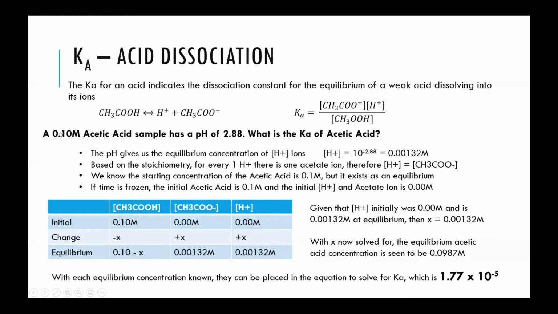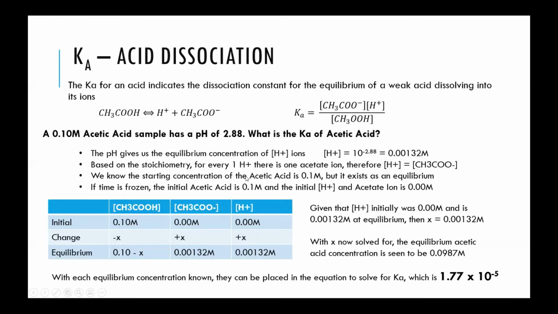And typically when you're preparing these solutions in a lab setting, you're weighing out or measuring the amount of pure acetic acid, not its equilibrium amount. So this would be initial.